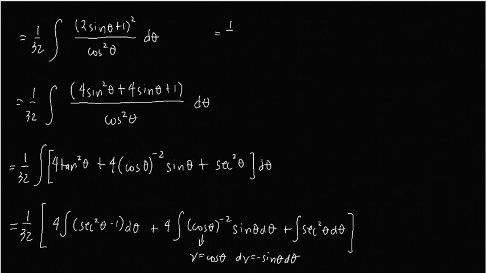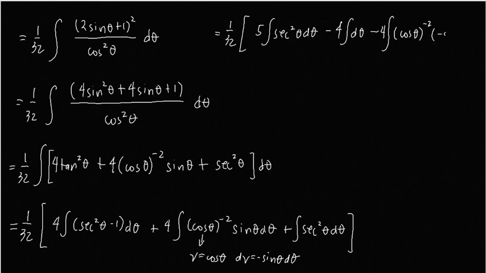So we have 1 over 32 times 5 integral of secant squared of theta d theta minus 4 integral of cosine theta raised to negative 2 times negative sine of theta d theta. Why minus? We have minus 4 here, and that negative 1 will be our neutralizing factor.